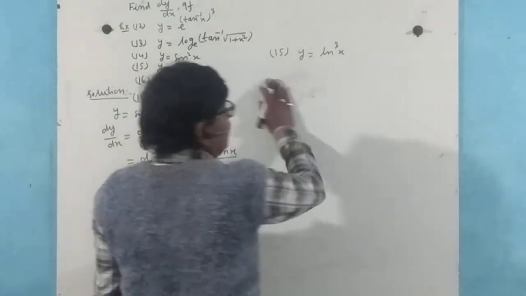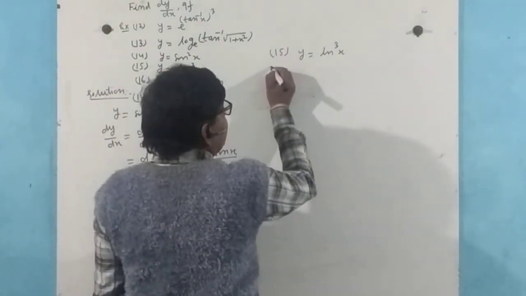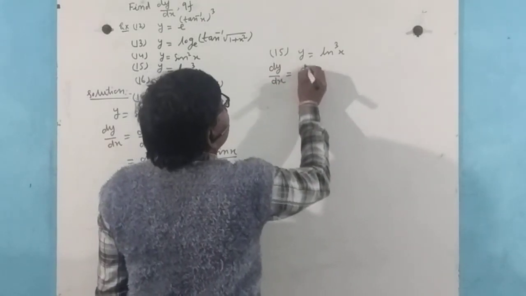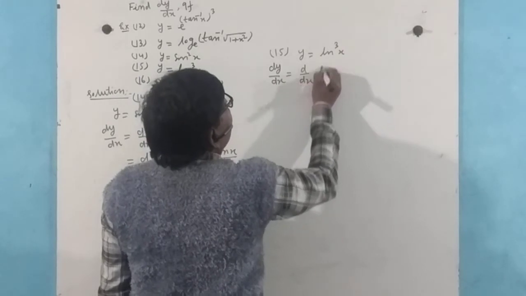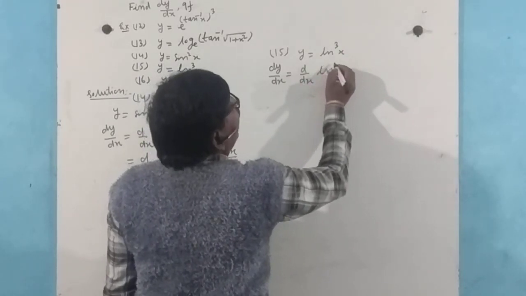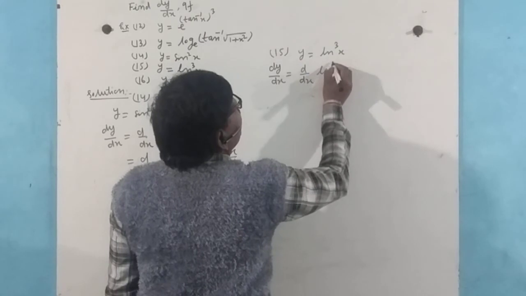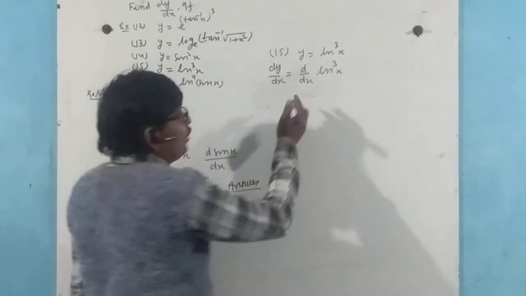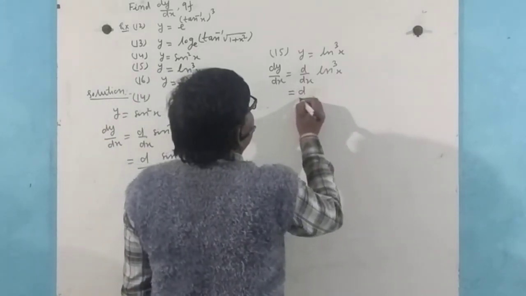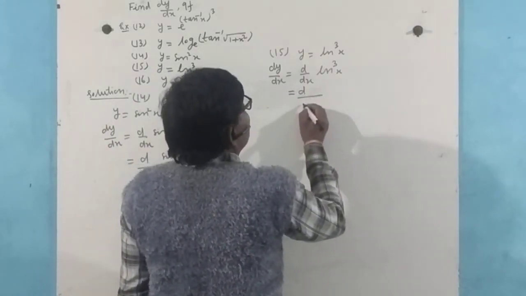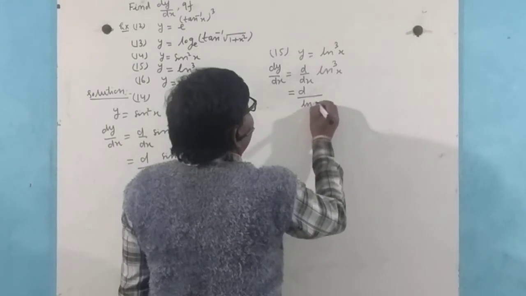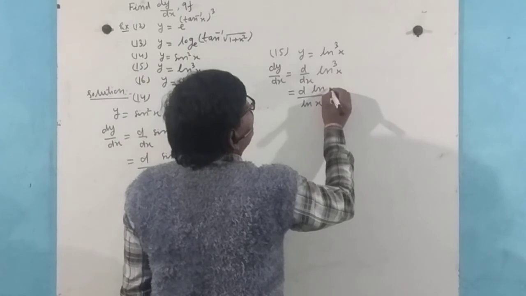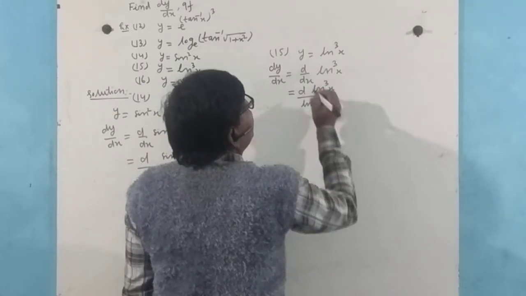Differentiating with respect to x, dy by dx equal to d by dx of (ln x) to the power 3.